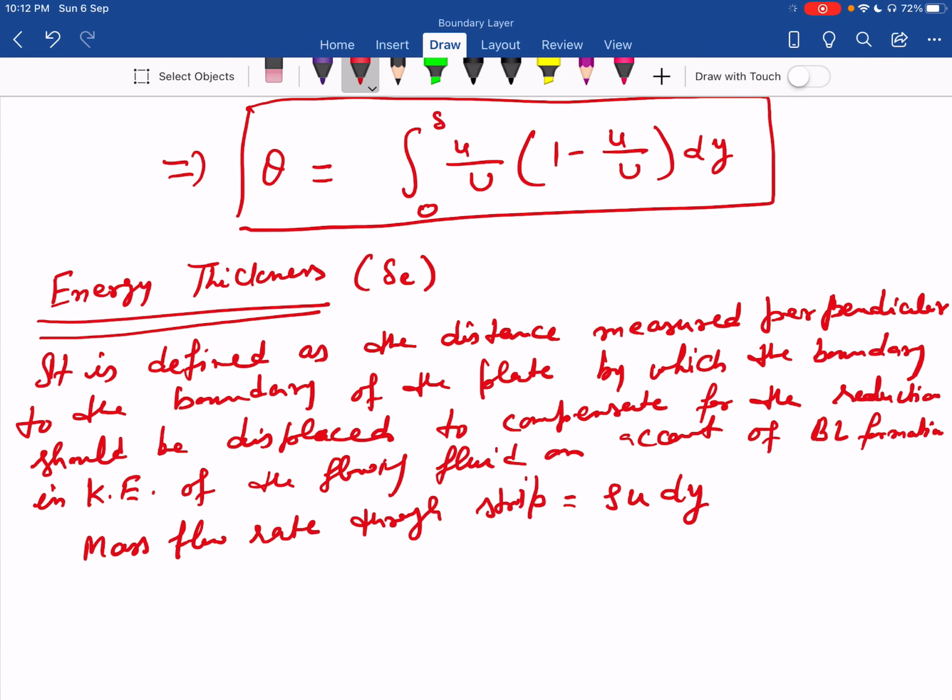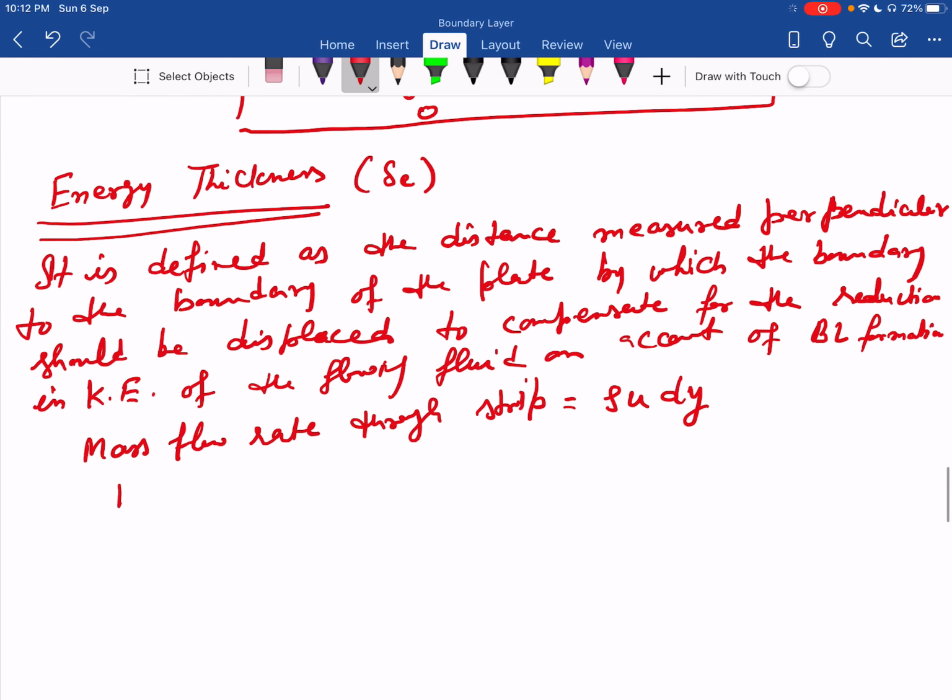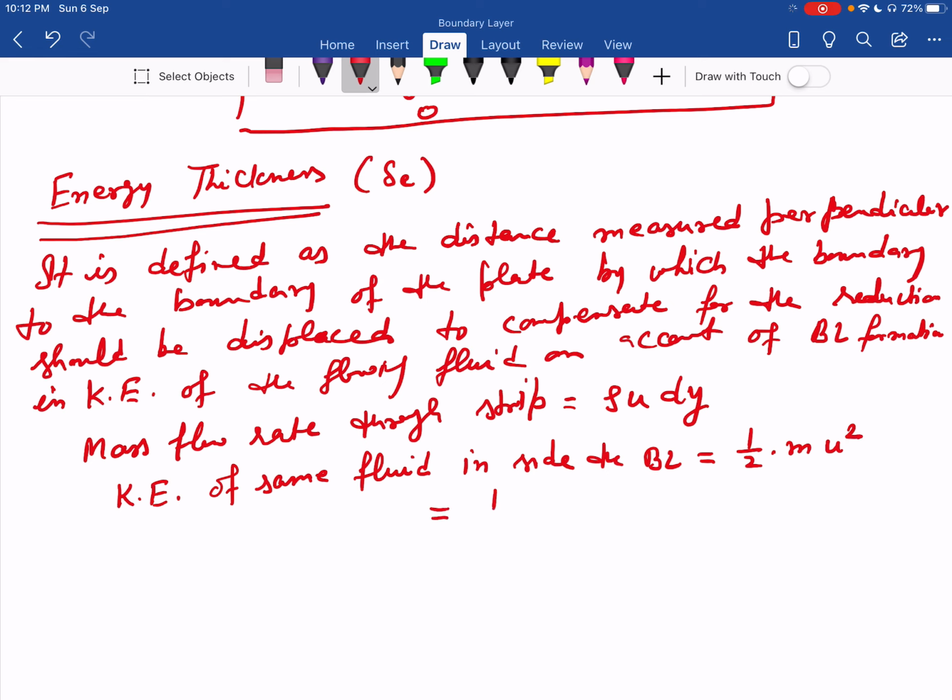Okay, now I can write the kinetic energy of the same fluid inside the boundary layer. So that is half into mass into its velocity square. So that becomes equal to 1 by 2, mass is rho u dy, into u square.